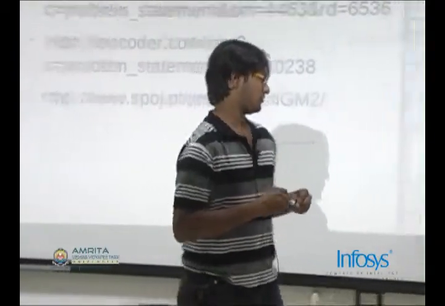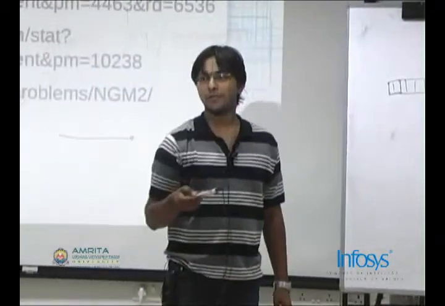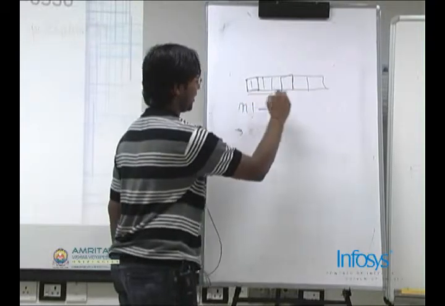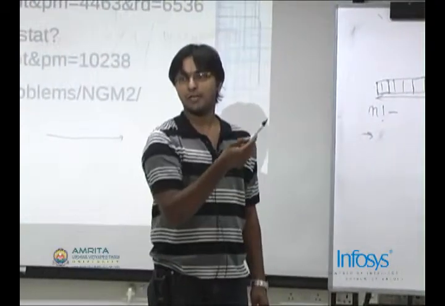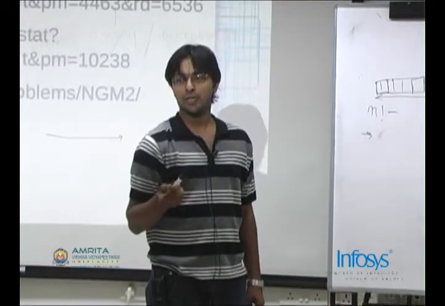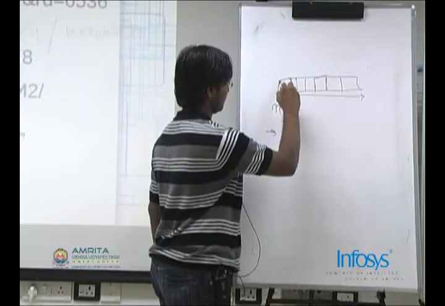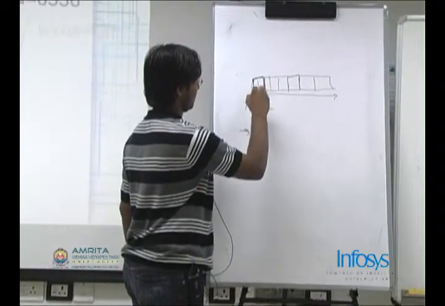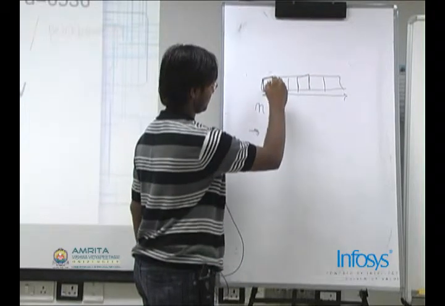You choose one of the elements. Total number of permutations are n factorial. Now choose, there are n letters. Choose any one letter. How many ways are there to do that? N ways. It will become again n minus.